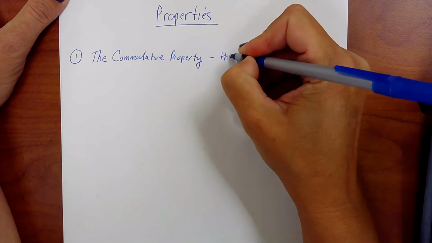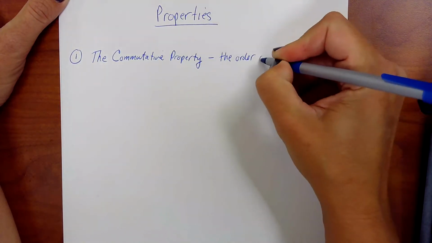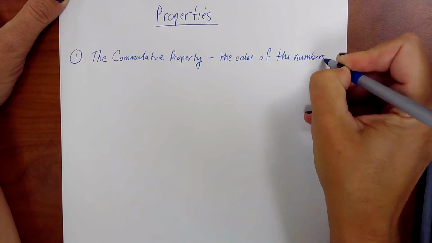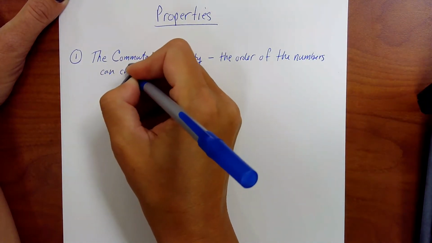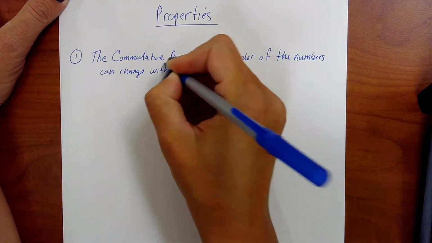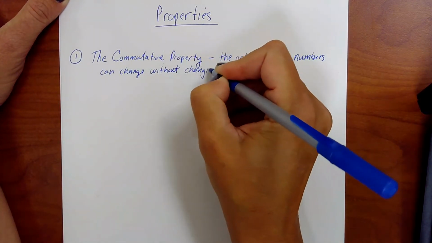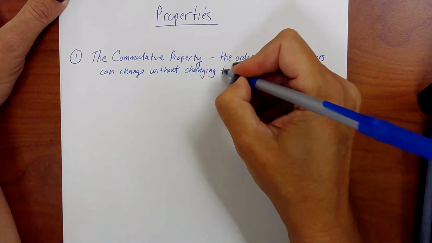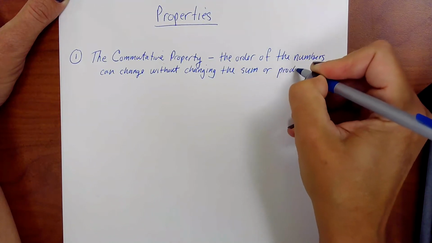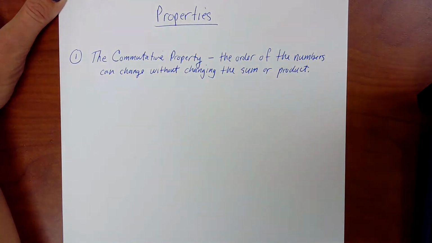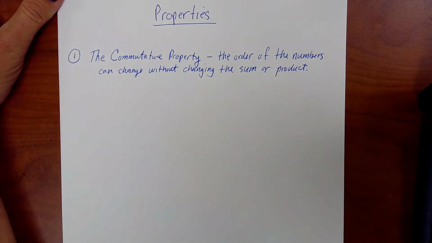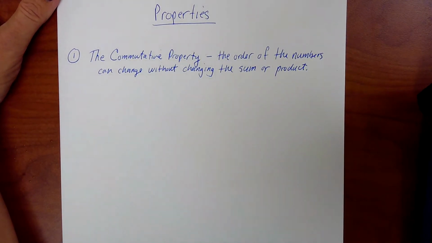So it's the order of the numbers can change without changing your answer, basically. So without changing the sum or product. So the commutative property, the order of the numbers can change without changing the sum or product.